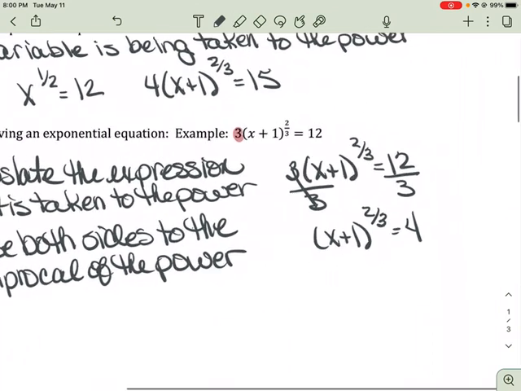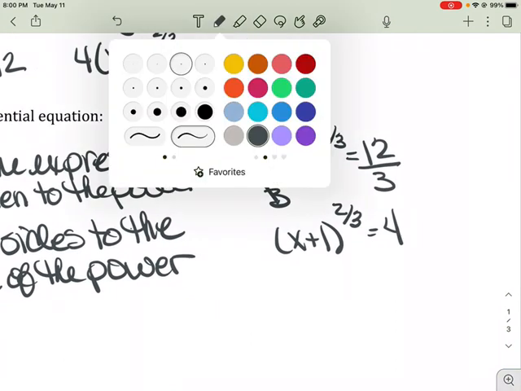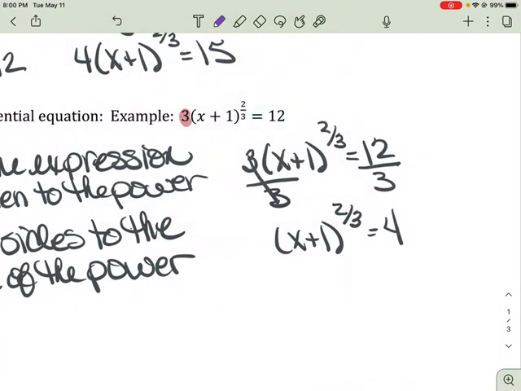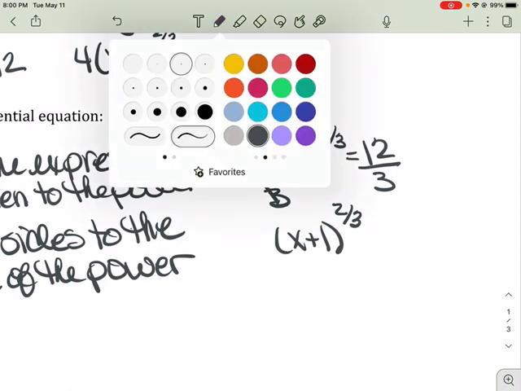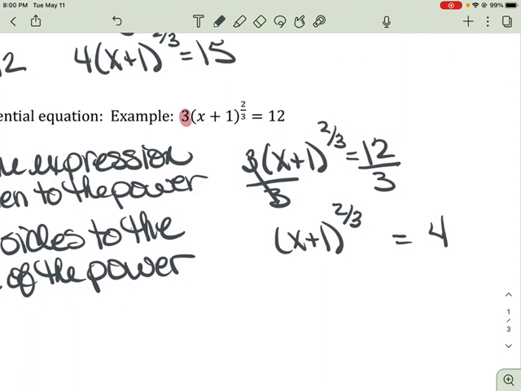Our power is 2/3, so we're going to raise both sides to the 3/2. Now why does that work? If we raise a power to a power, by exponent rules we multiply straight across.